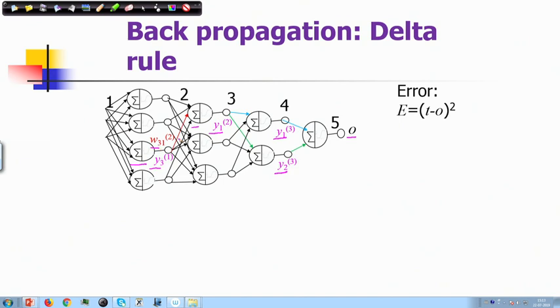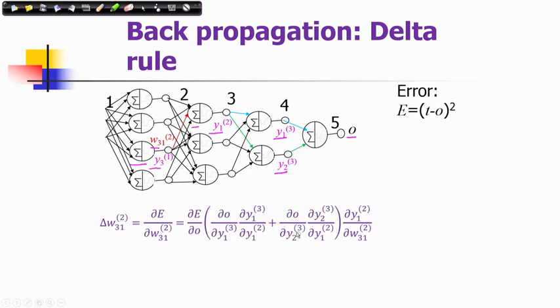W31. So, when we compute the gradient of error E with respect to W31, these are the variables which will play a role in determining this gradient. Let us find out how this gradient value depends on them.